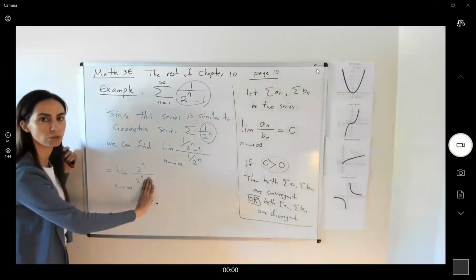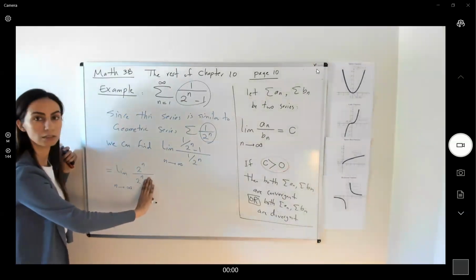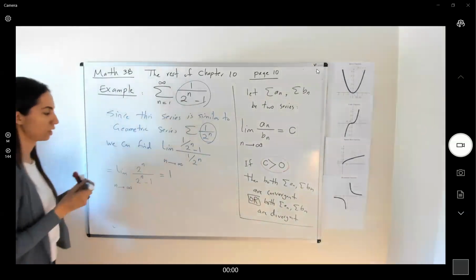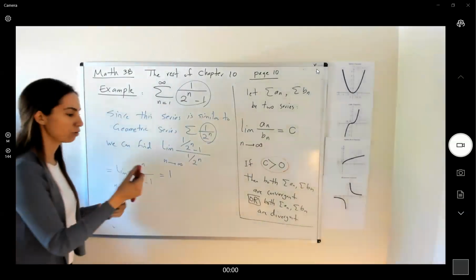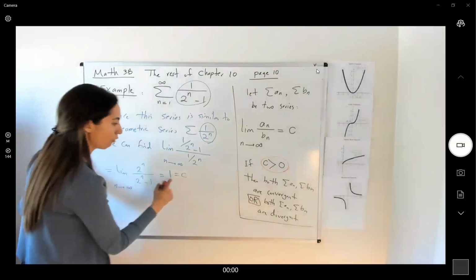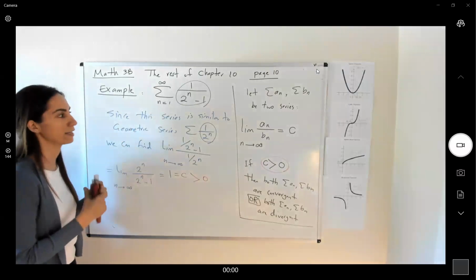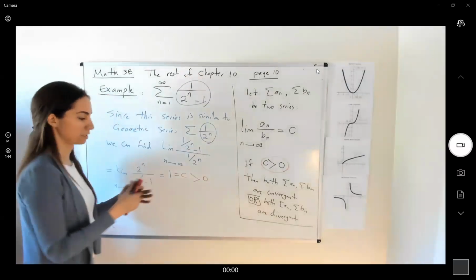So you can ignore the negative one. 2 to the n divided by 2 to the n is equal to 1. So your C is equal to 1. Is it positive? Yes. Now I can decide about this series.